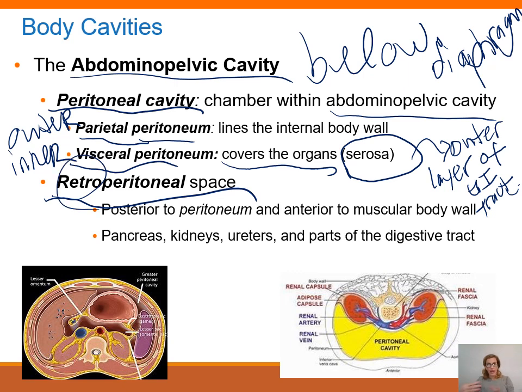Retro as in behind, or posterior to, the peritoneum. So this retroperitoneal space, again, is the area posterior to the peritoneum and anterior to the muscular body wall. So this is like saying behind the peritoneum and in front of the muscular wall, the back of the back.